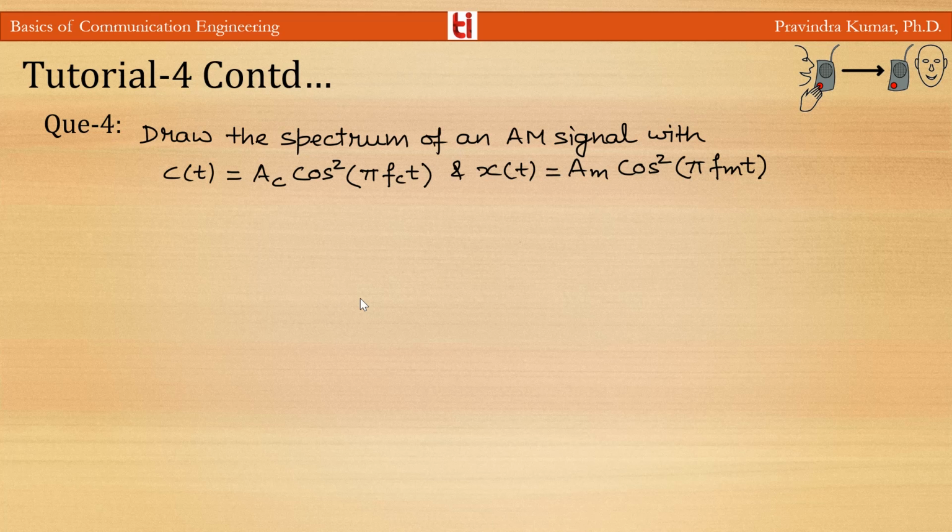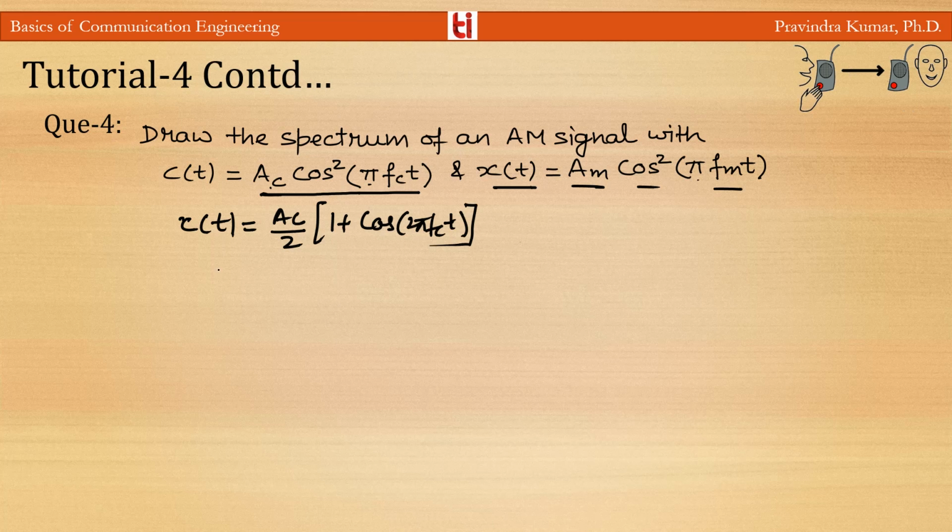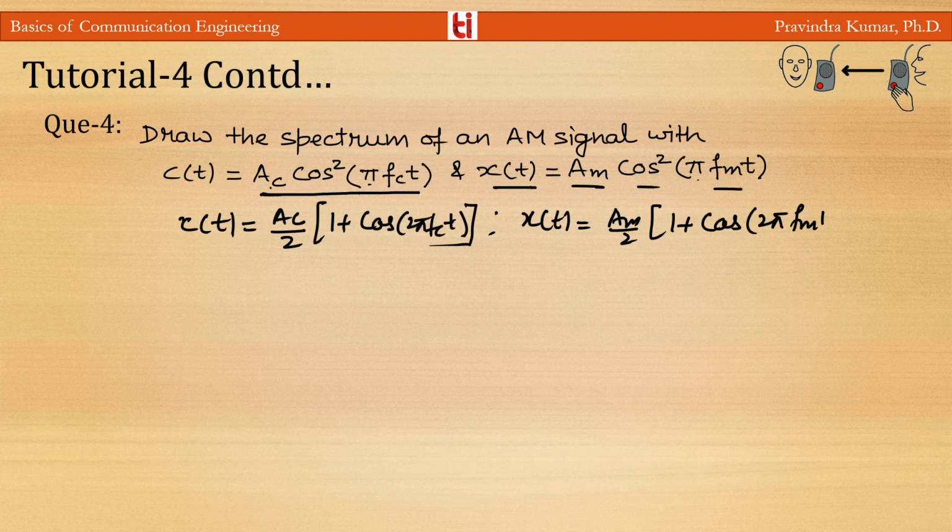Now another question is, draw the spectrum of an AM signal with the carrier ct equal to AC cos squared pi fct, and the modulating signal xt equal to Am cos squared pi fmt. We know ct can be written as AC by 2 times 1 plus cos 2 pi fct, and similarly xt can be written as Am by 2 times 1 plus cos 2 pi fmt, because cos squared theta is 1 by 2 times 1 plus cos 2 theta.